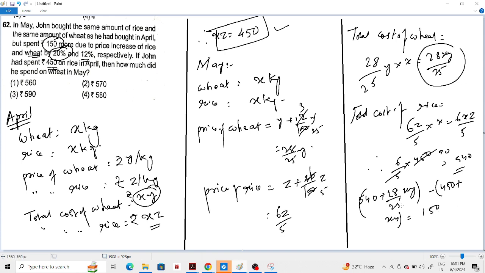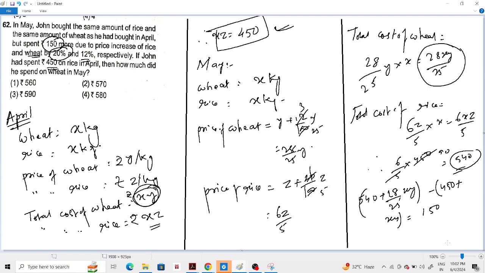So এটা বুঝলাম না, 540 কোথায়? এই যে 540 হচ্ছে total cost of rice and total cost of wheat is 28 by 25 xy, right? আচ্ছা হ্যাঁ। So I added this one minus 450 was the total price of rice initially plus xy was the total cost of wheat. The difference between these two is 150.